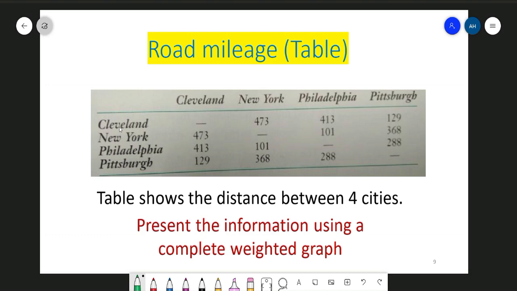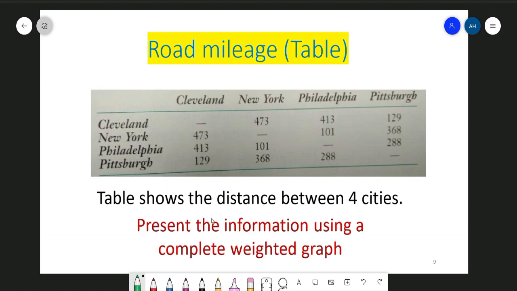For example, from Cleveland to New York is 473, maybe miles, maybe kilometers. From Cleveland to Pittsburgh is 129, or whatever the unit is. It's not mentioned in this particular problem. The distance from Philadelphia to Cleveland, for example, is 413, and so on and so forth.